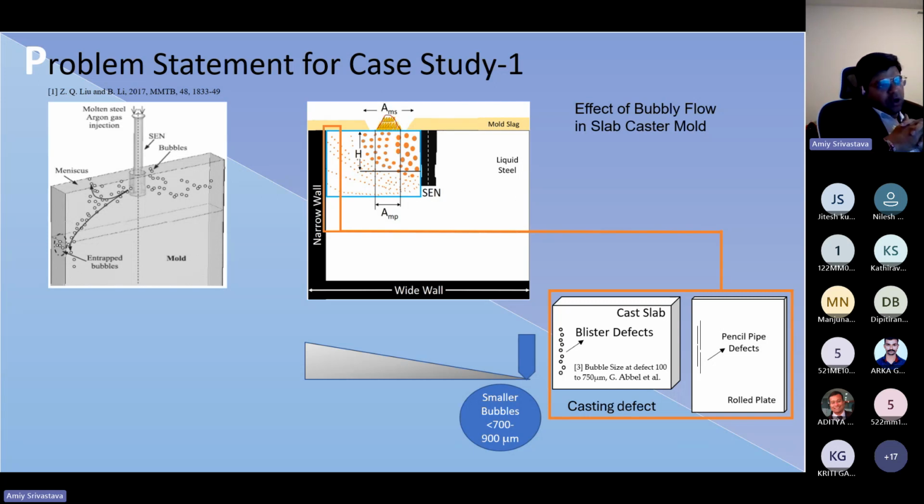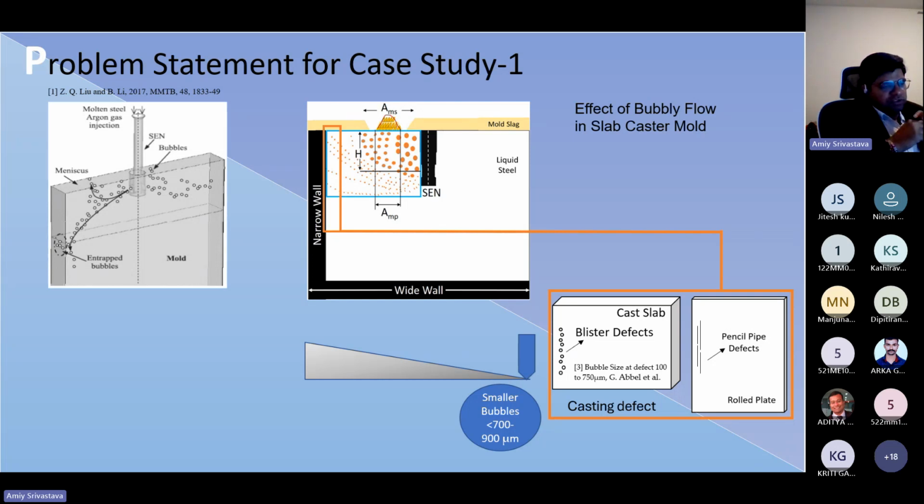Firstly, we could avoid injecting argon, but that is less likely to happen because of SEN clogging. People can reduce SEN clogging by means of calcium wire injection, but still some inclusions are there.